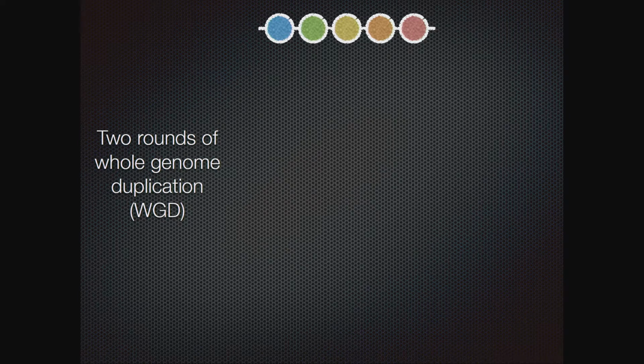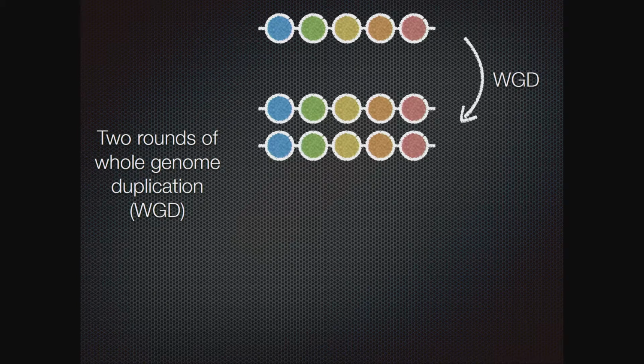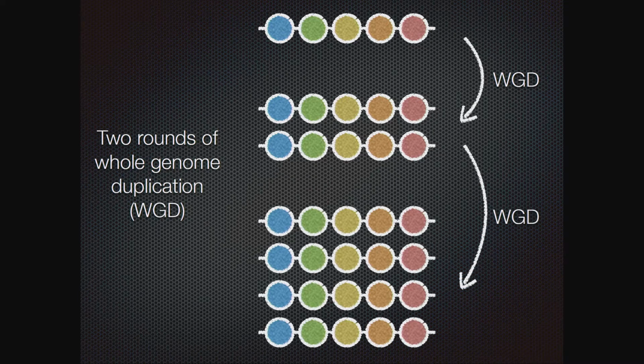In this cartoon version here, this is a simple genome that contains these 5 genes. If this whole thing got duplicated, then you'd have just 2 identical copies of this, like that. And if this happened again, you'd have 4. So you can go from 1 to 4 by these 2 rounds of the whole genome getting duplicated.